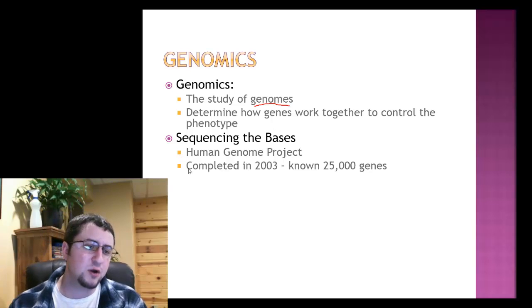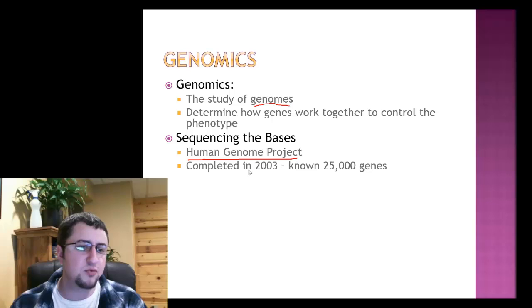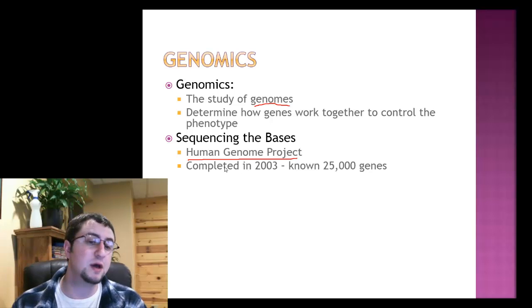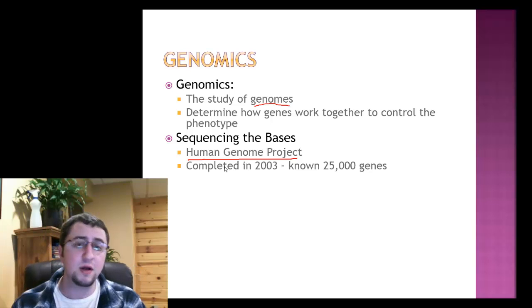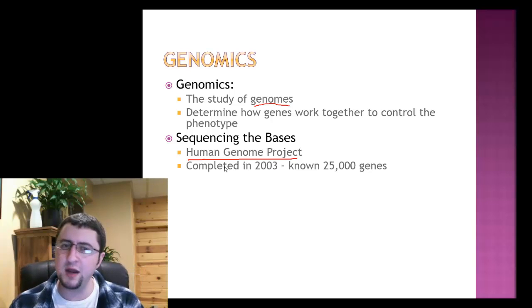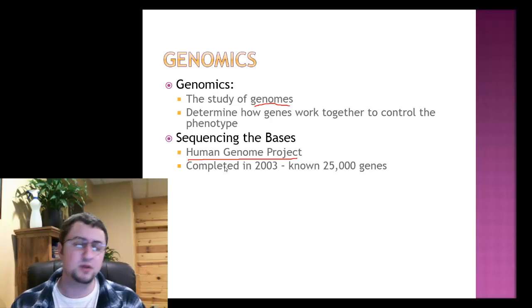You may have heard of the Human Genome Project, which was finished in 2003, and at the time they discovered that in the human body there were about 25,000 known genes. And since that time, we've discovered that it might even be less than that. But the magic number right now is around 20,000.